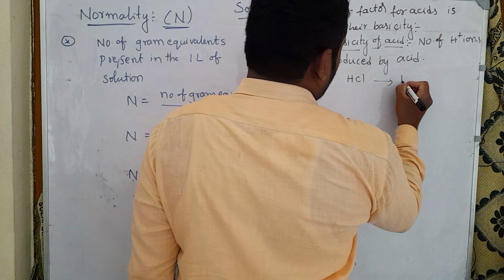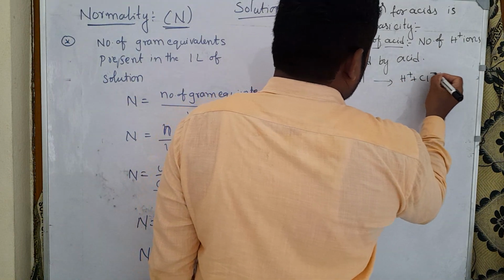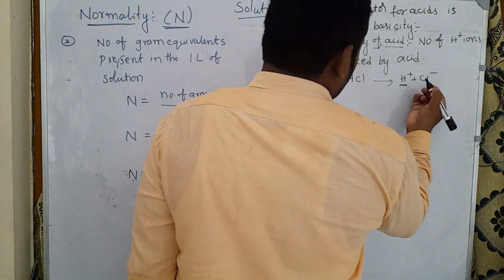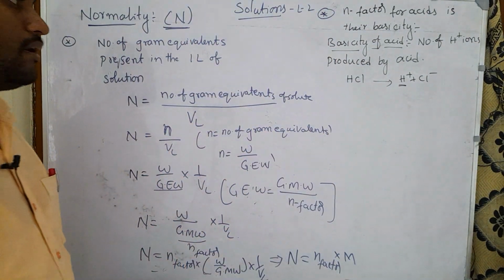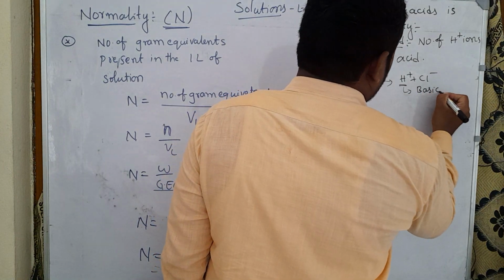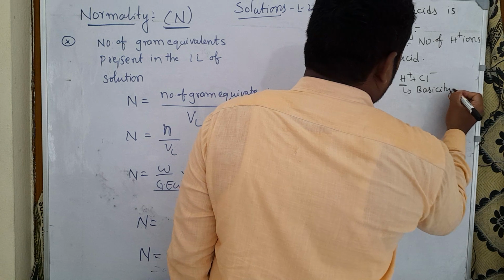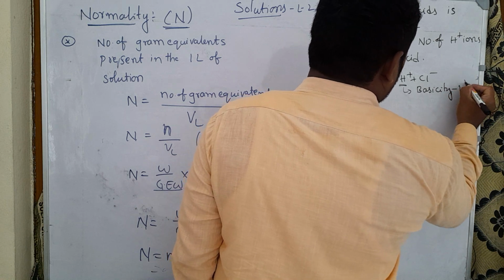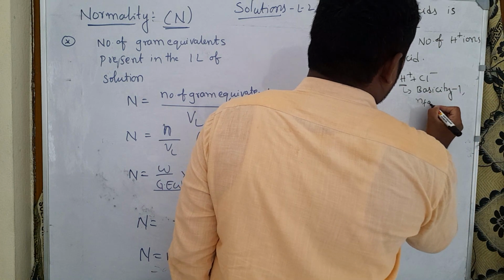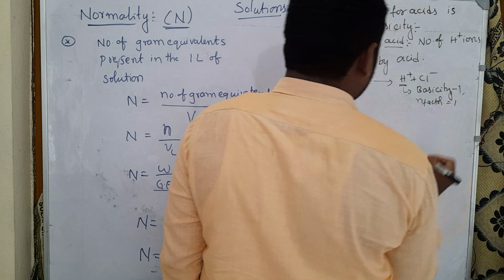It is going to produce H plus plus Cl minus. So here it produces only one H plus ion. Its basicity is 1 and its n factor is also 1.